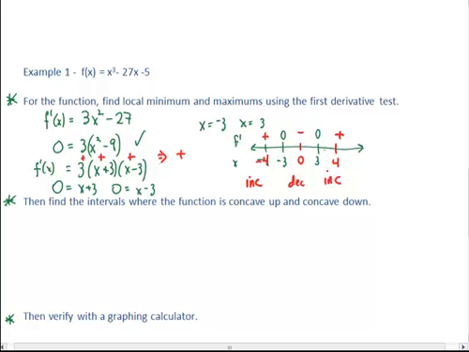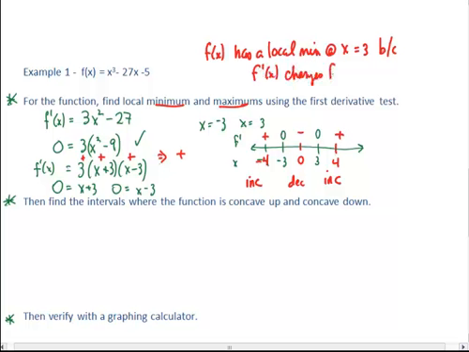So you would write down your statement as far as the function increasing or decreasing. I'm sorry, the question is for a local min or local max. F of x has a local min at x equals 3 because f prime of x changes from negative to positive, and that means the derivative is telling you the function went from decreasing to increasing, which indicates a local min.